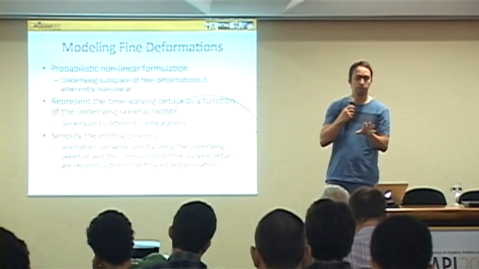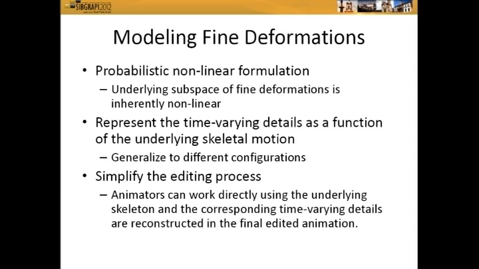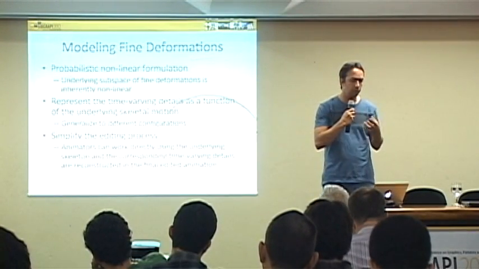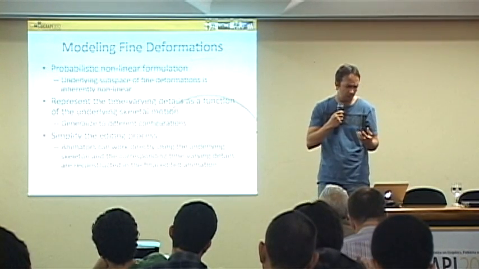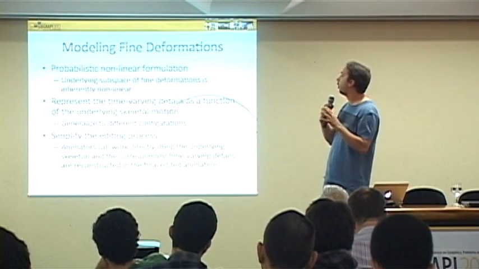So this is more or less the main point in this paper: how you model the fine details. To do this, we use a probabilistic nonlinear formulation. The idea behind it is that the underlying subspace of fine deformations is inherently, more or less nonlinear.